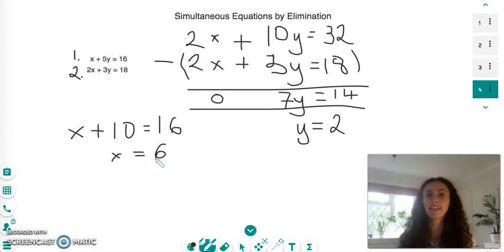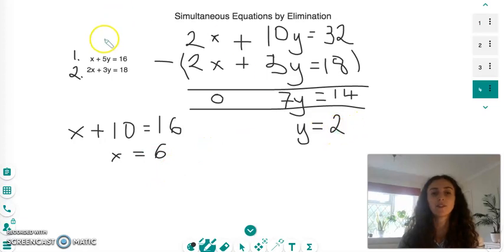And there is a way you can check your answers, just to be double sure. You can do this by substituting the values of y and x back into the equation. So seeing as we used equation 1 to work out x, let's substitute back into equation 2. So we've got 2x plus 3y equals 18. But we know that x is 6, and 2 times 6 gives us 12.